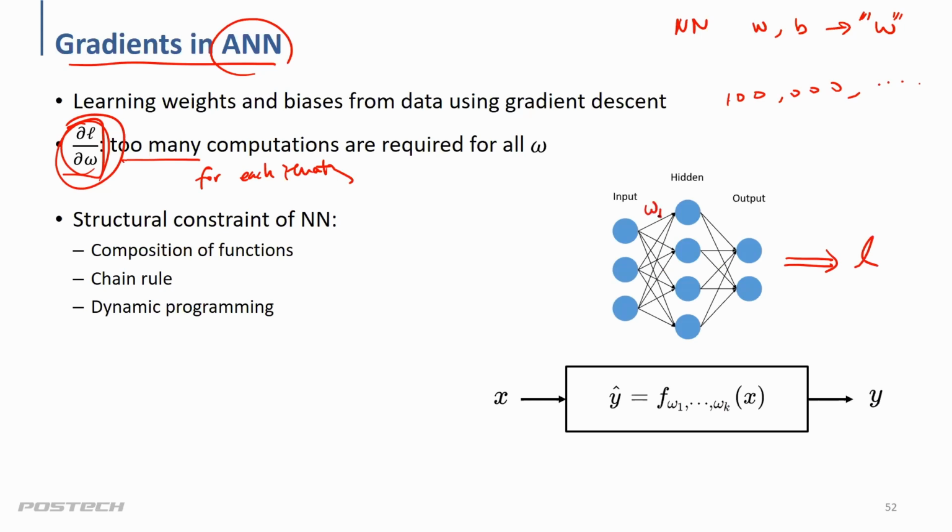and say this is omega 1, and I compute forward propagation to get it, and I want to know whether in the next iteration I need to increase or decrease the value of omega 1.